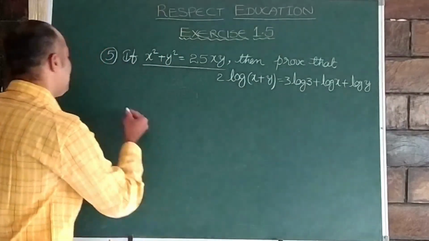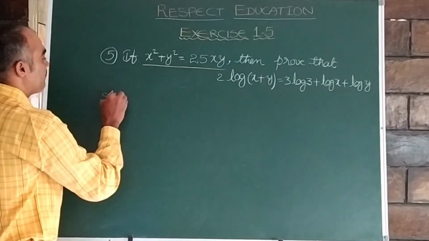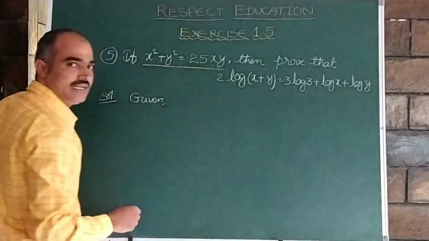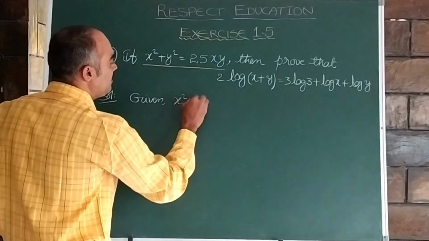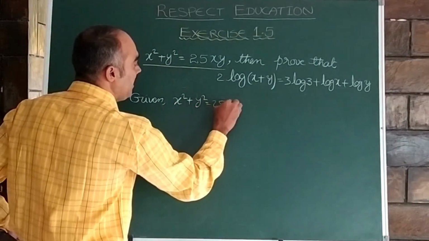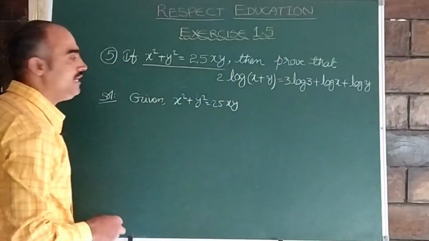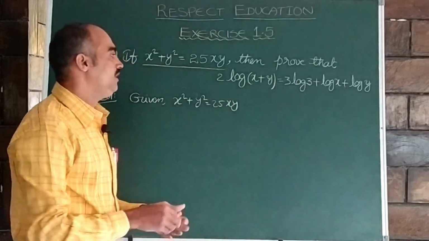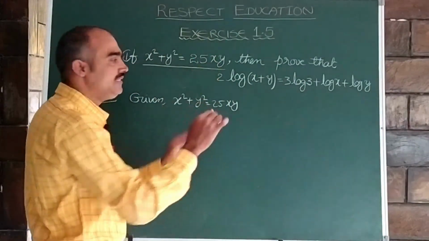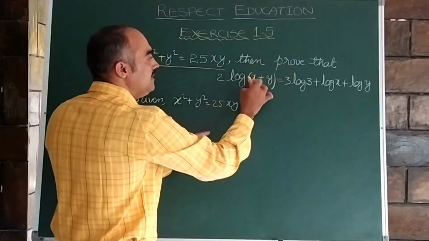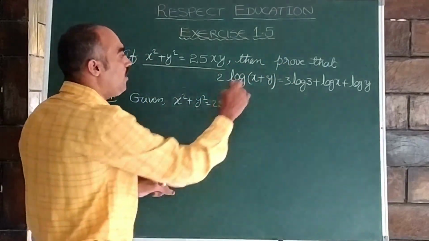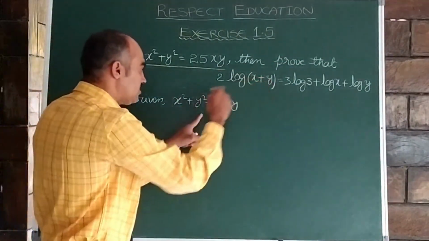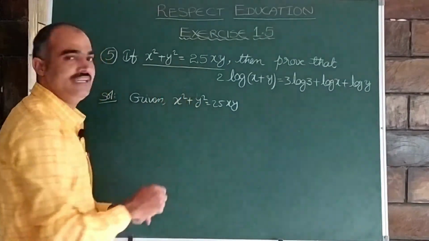Let us see here. First, let us take what is given. I told you the if condition is to be taken completely. So x square plus y square is equal to 25xy. Here we always need to keep our concentration on what we need to prove. So you see, children, 2 is there. Just visualize this 2 moving here, it is x plus y whole square, right? What is the expansion of x plus y whole square? x square, it is ready, plus y square, that is also ready, plus 2xy, that is not there here, right?